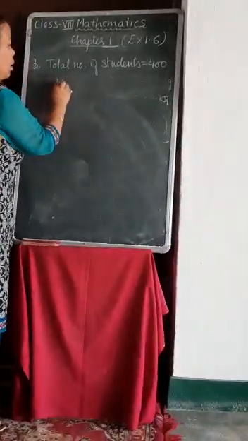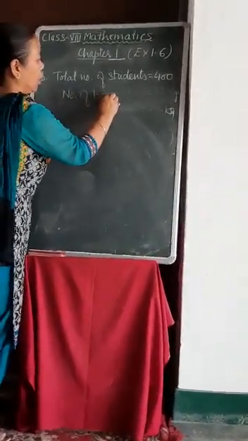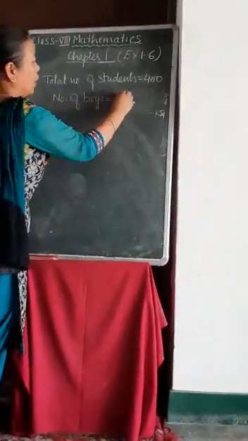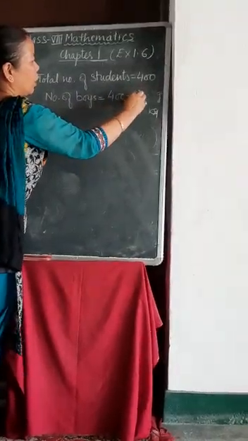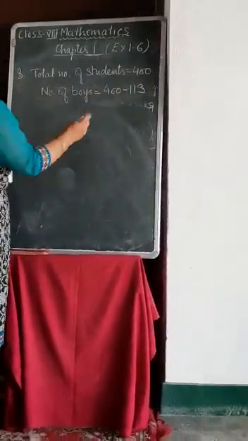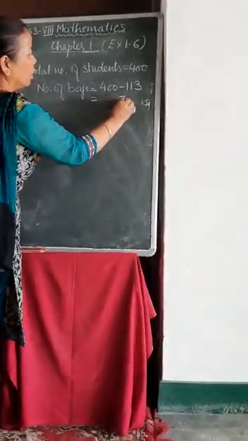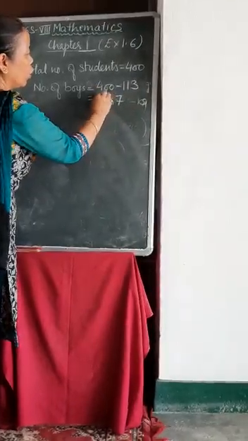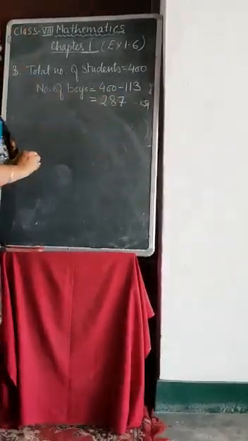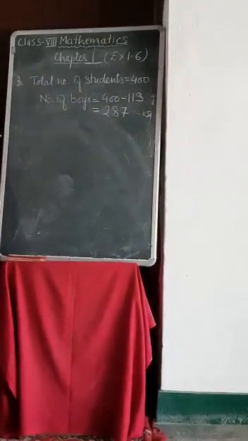So number of boys is equal to 400 minus 130, because all 130 girls passed. So we'll find out the number of boys first. So 270 boys are there, out of which 2/3 boys passed.